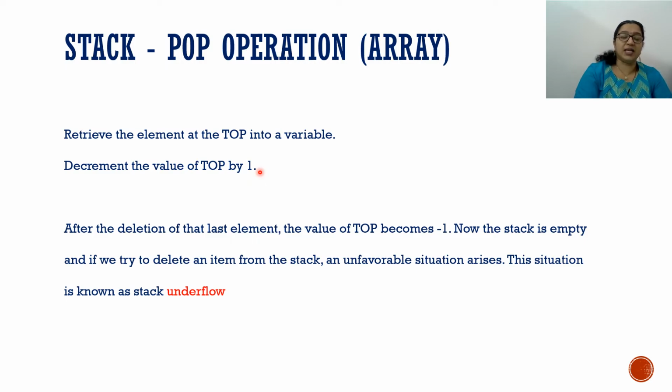Automatically the element on the topmost position will be deleted. That is the pop operation. So we decrement the value of top by 1. When we reach -1 and again we try to delete an item from the stack, an unfavorable situation arises. This situation is known as underflow. Got it? Okay. Now I'll show you one example.